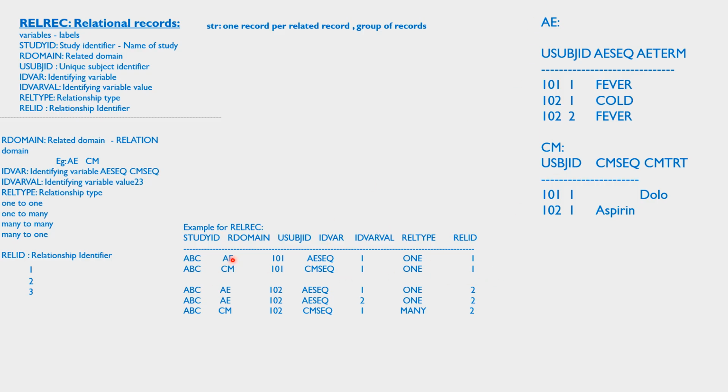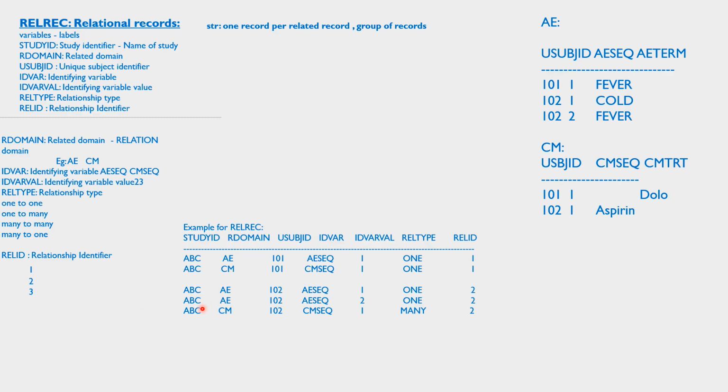So the first RDOMAIN will be AE and the second RDOMAIN will be CM for subject 101. For the adverse event, the IDVAR will be AESEQ, and for the concomitant medication the IDVAR will be CMSEQ. The values will be 1 and 1. The relation type will be one to one, because he got fever and took Dolo, only one. So the RELID will be 1.